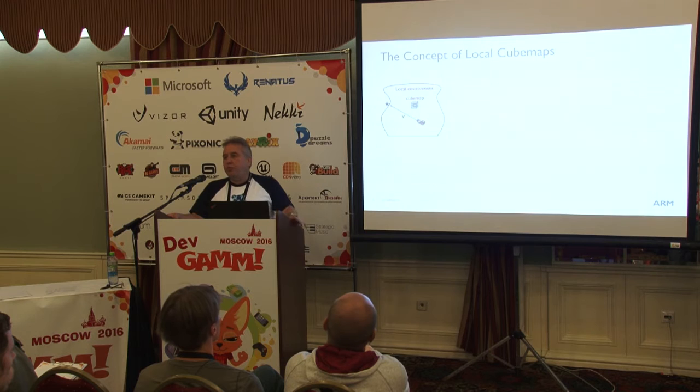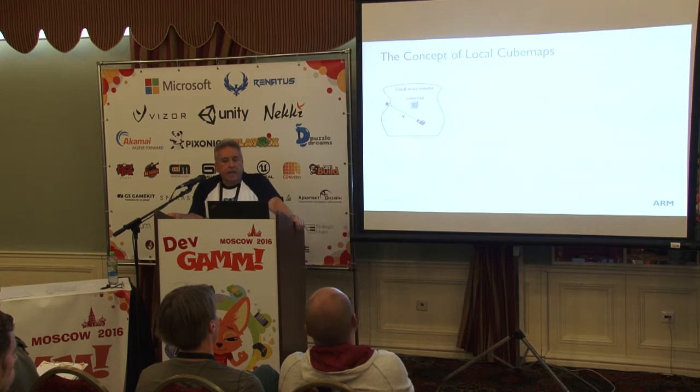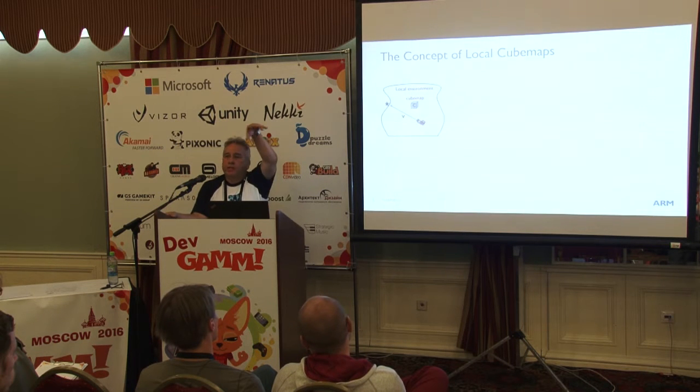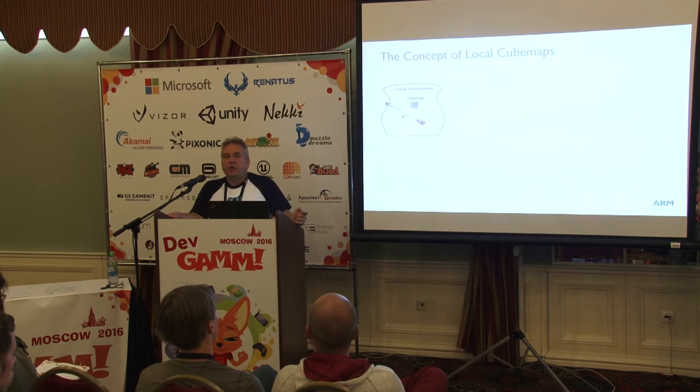So let's assume we have some local environment delimited by some boundary, and we have a red star in the boundary, and we are looking at the red star in the direction of the vector v. And we have baked a cube map from some point inside of our environment. And the question is, what is the vector we need to use to get the star when we fetch the texture from the cube map?